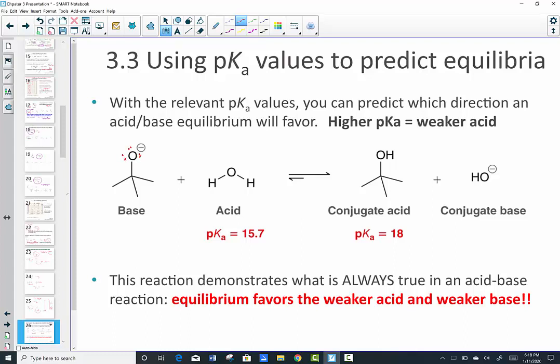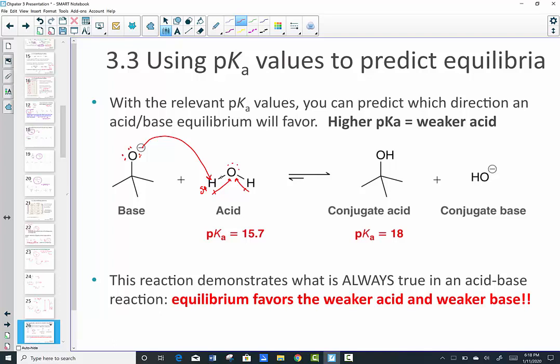Once you label the conjugate pairs, I want you to identify the two acids. One will be on the left, the other will be on the right. Identify the two acids. And when you do that, I want you to then find their pKa values.